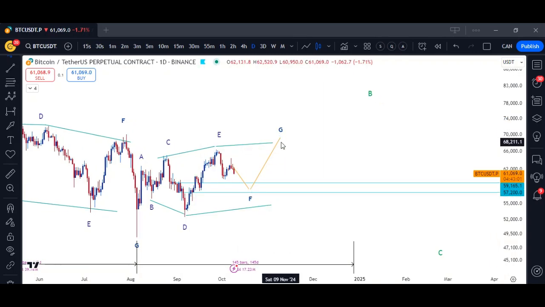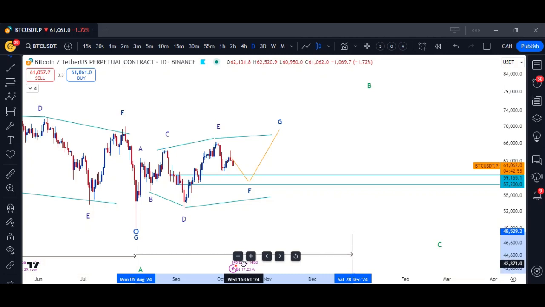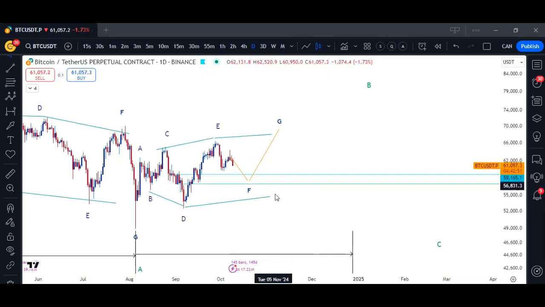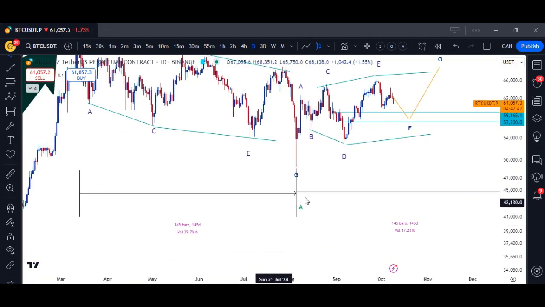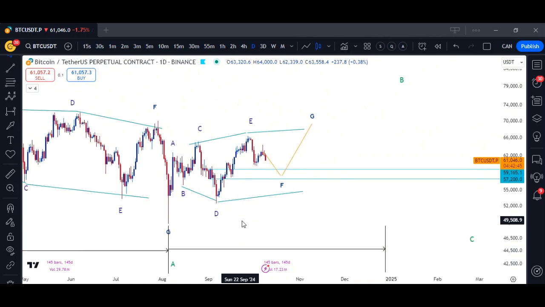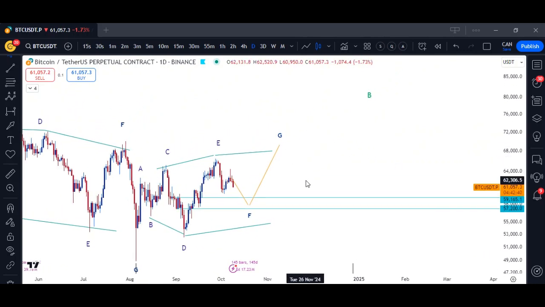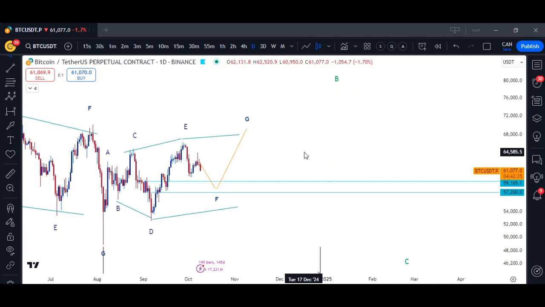Now, the problem with this diametric pattern is that once it is over, we can see that price has not fulfilled its 145-day period of time, because wave A was 145 days. So what may happen is that we get another correction combined with this pattern in order to fulfill the time limit that we need.